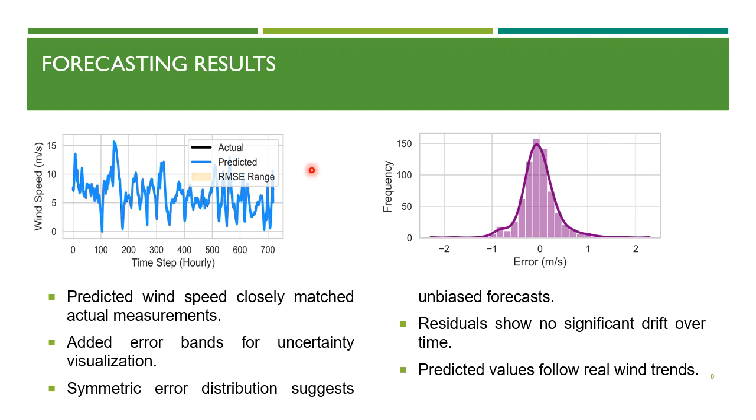The LSTM doesn't over predict or under predict consistently. On the right, we see the error distribution symmetric around 0, with a little bit of deviation between -1 and 1, and this gives us confidence in the model's generalizability and accuracy.